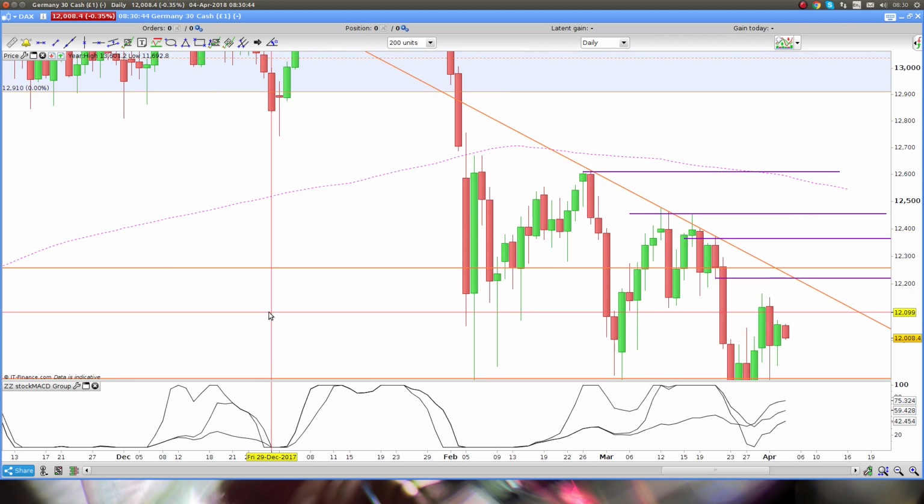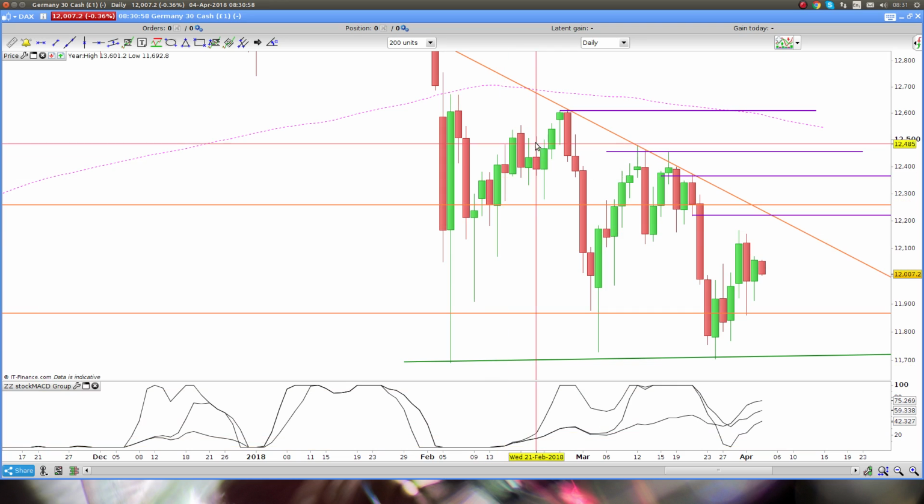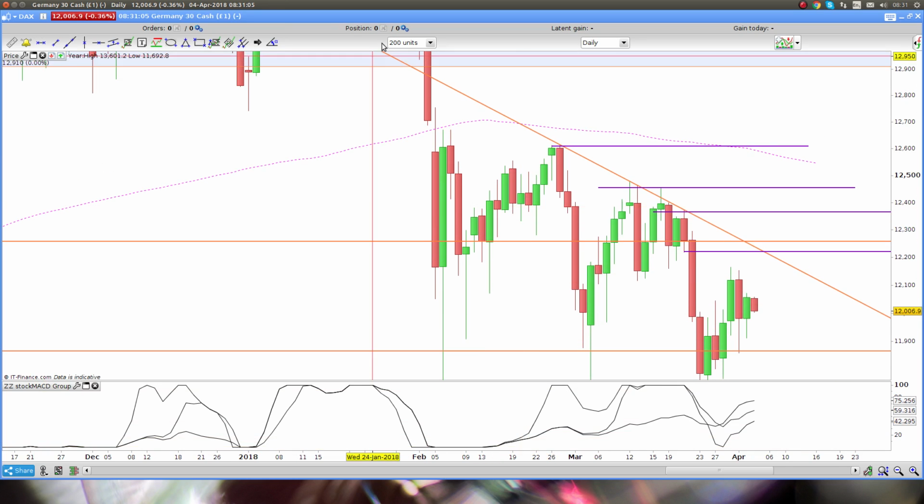Try and get rid of your indicators, or keep it to 1 or 2 which you use for a specific task. So for me, it's looking for divergences. It may be for you just to get, for example, with the stock MACD, is saying, well, everything's grouped to the bottom, so there is a chance for a move to the upside. Draw your trend lines in so you know whether you are in a bull trend or in a bear trend.